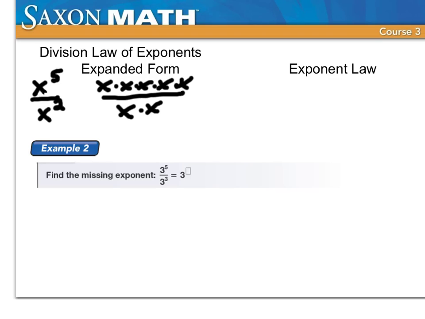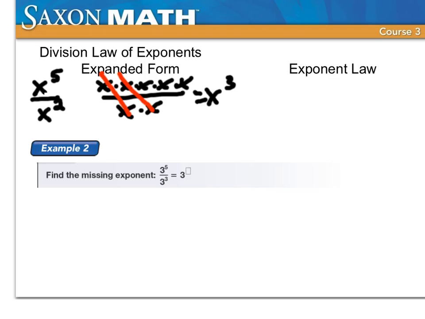On top and bottom I've got an x and another x, so what I'm left with is what's on top, x to the 3rd power, because I've got 3 x's on the top and nothing left on the bottom. No more expression on the bottom.